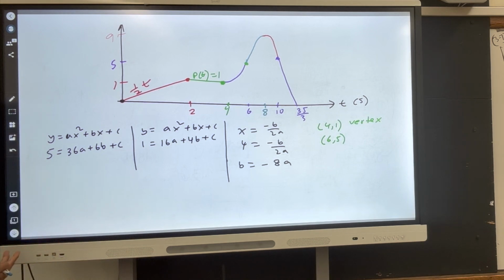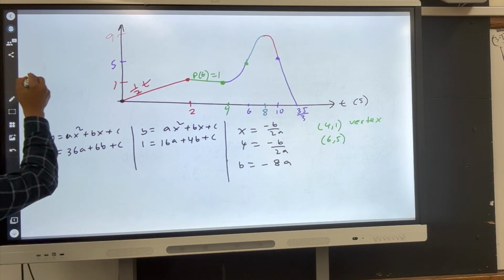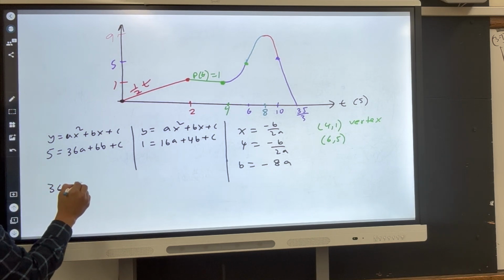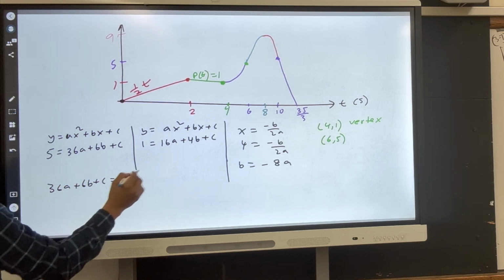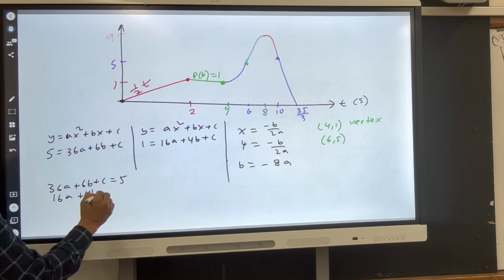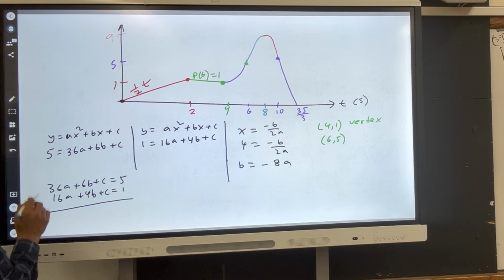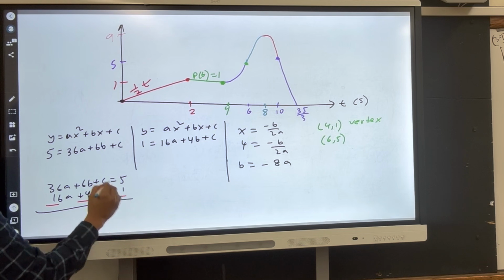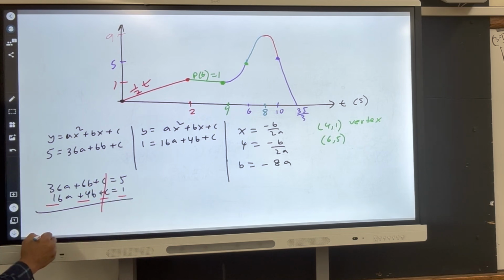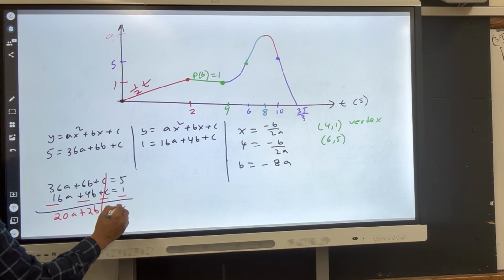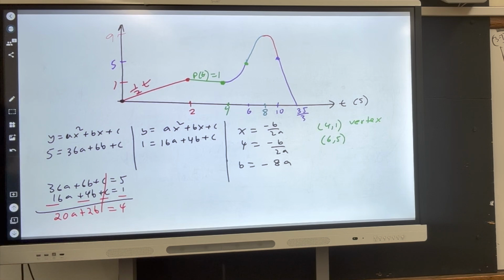So if you do the math, what do you get? You have 36a plus 6b plus c is equal to 5, and 16a plus 4b plus c is equal to 1. So you can subtract, and the c's cancel. You have 20a plus 2b is equal to 4, right?